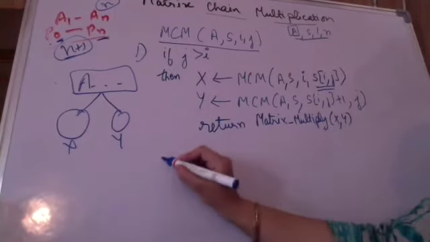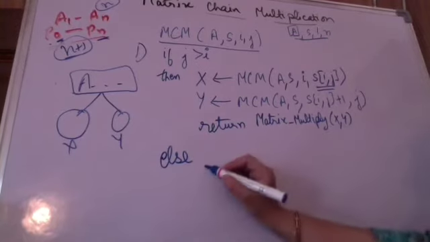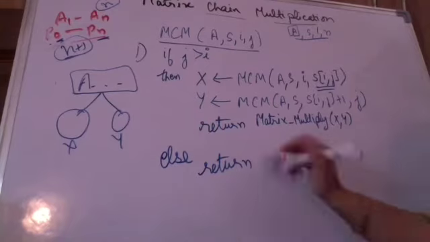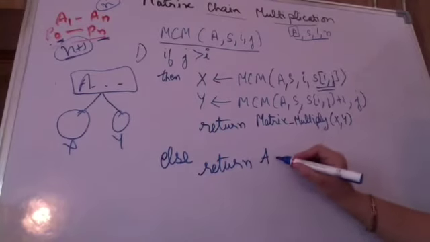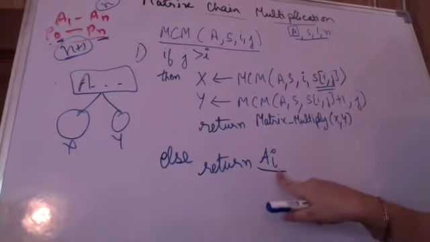In case j is not greater than i, that means j is equal to i, since less than is not an option. In that case, I will be returning the original matrix and not the product. When will this happen? When I am having a matrix chain of length 1. In that case, I am returning the same matrix.